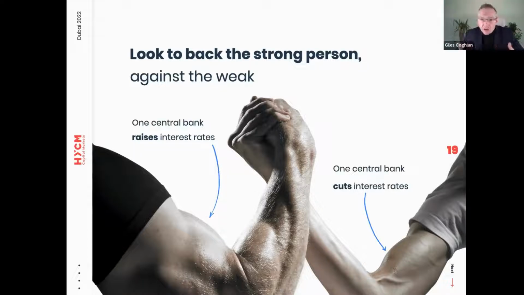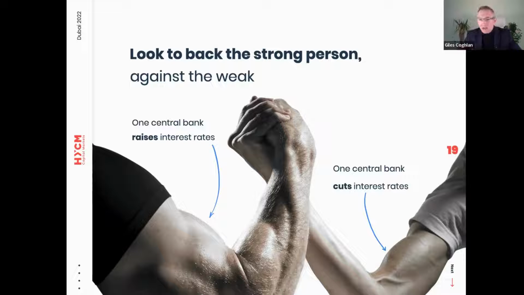Now, this is the very simple narrative that I wanted to share with you. Once you understand this narrative, you understand how to put all the micro narrative detail into place. Because a central bank is either moving towards raising interest rates or it's moving away from raising interest rates. And that's what I'm always thinking about.